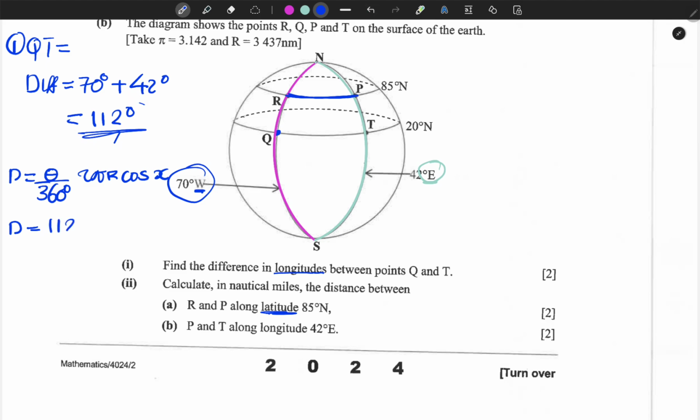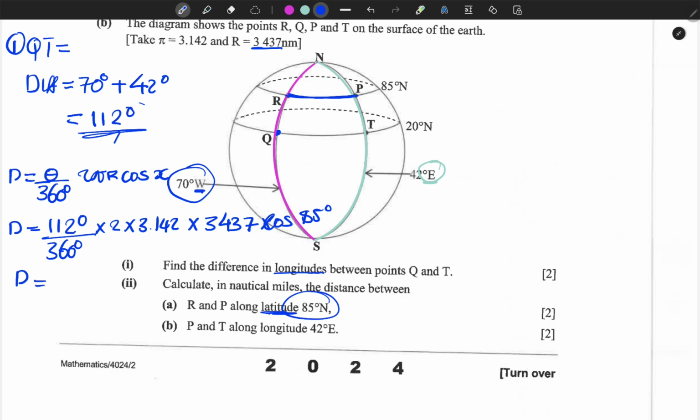So we have 112 over 360 degrees times 2 times 3.142 times the radius 3437 cos x. So what latitude do the letters lie on? So 85 degrees, like this.